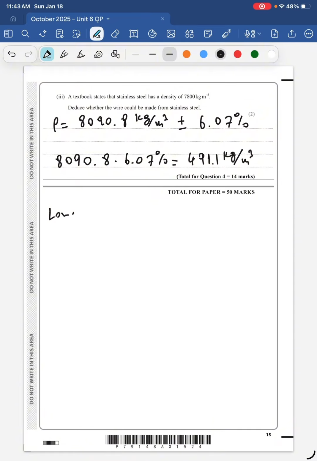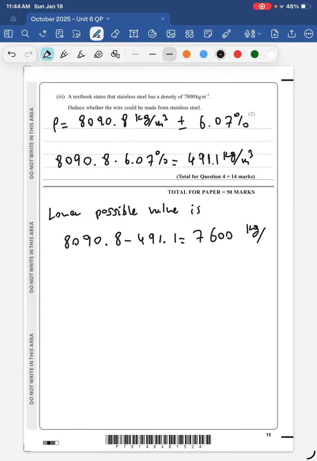So the lower possible value is 8090.8 minus 491.1, which gives 7,600 kilograms per cubic meter.